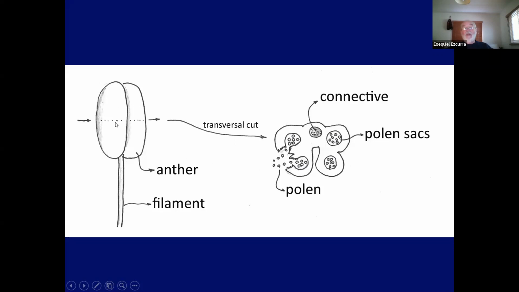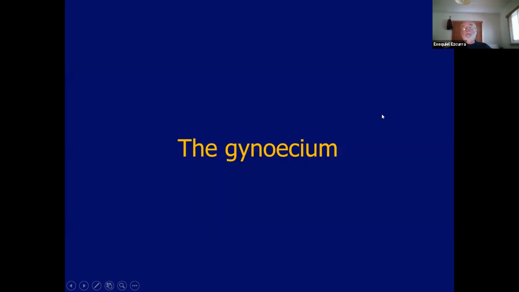So when an insect touches the anther, it will get a rain of pollen hitting its body, sticking to the body, and then taking it to other plants, or a hummingbird also. The continuation of a filament into the anthers is known as the connective. It's a part of the anthers that connects the two anthers to the supporting filament.